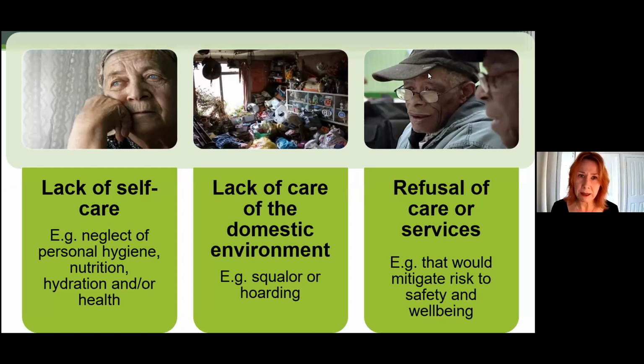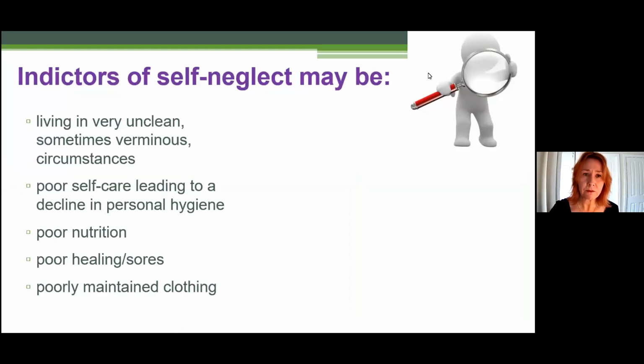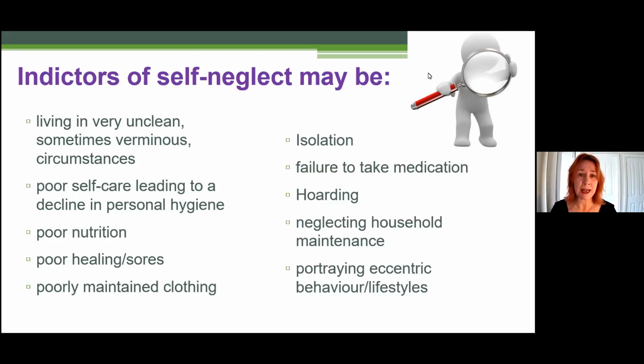And we need to think about what the indicators of self-neglect might be. They could be living in very unclean, as I say, sometimes verminous circumstances. The poor care leads to that decline in personal hygiene. There's an issue around healing of sores, pressure sores not healing because they're not being kept clean, they're not being dressed regularly, poorly maintained clothing.